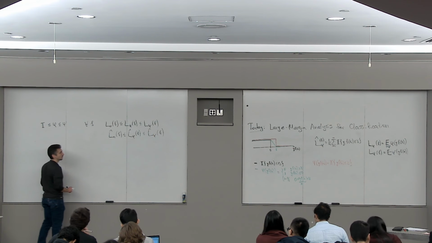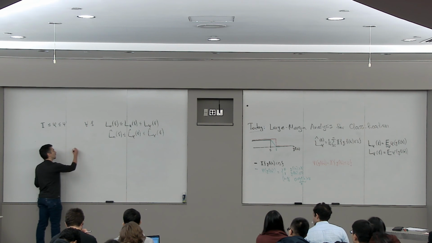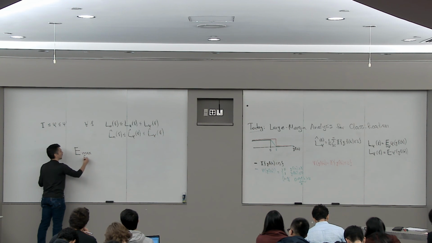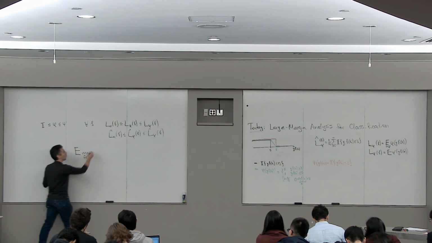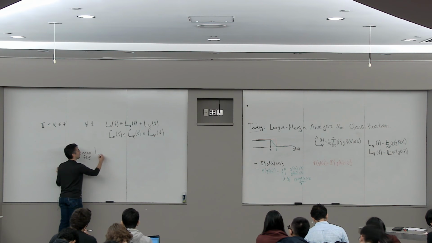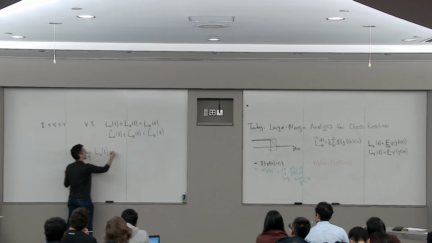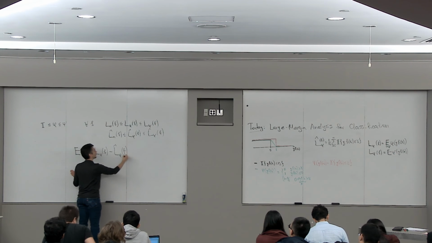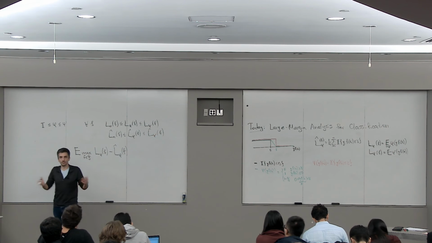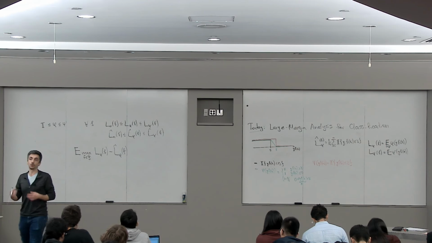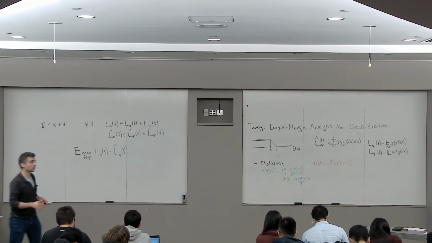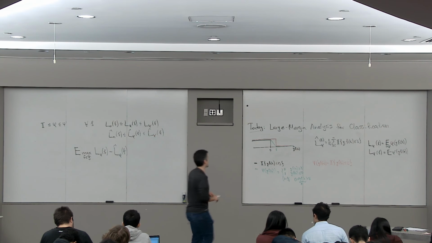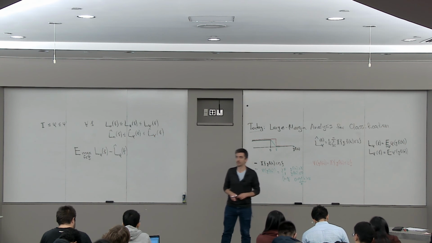Now, if I look at the expected maximum over f in F of L phi of f minus L hat phi of f, right? I'm looking at how empirical quantities relate to expected quantities, but I'm looking specifically at the phi loss function, the ramp loss function, the green one.